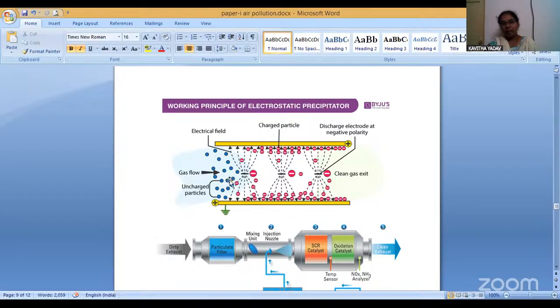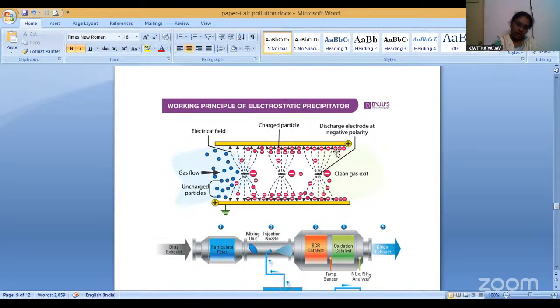Then what will happen? The gas flow can enter into this. The negative particles which are present become attached to both sides of the walls.